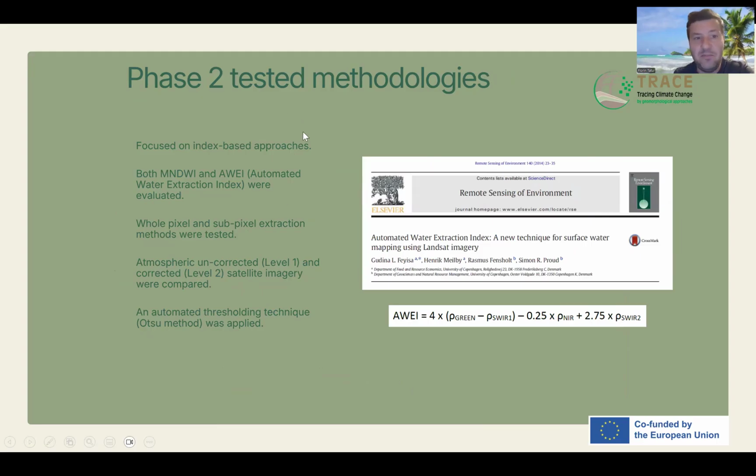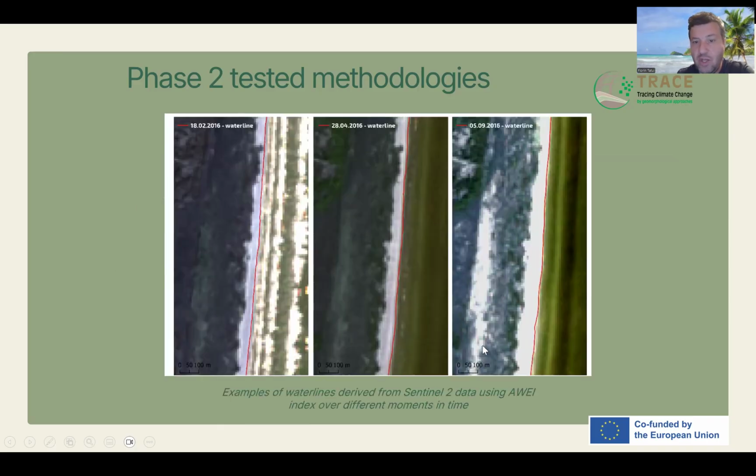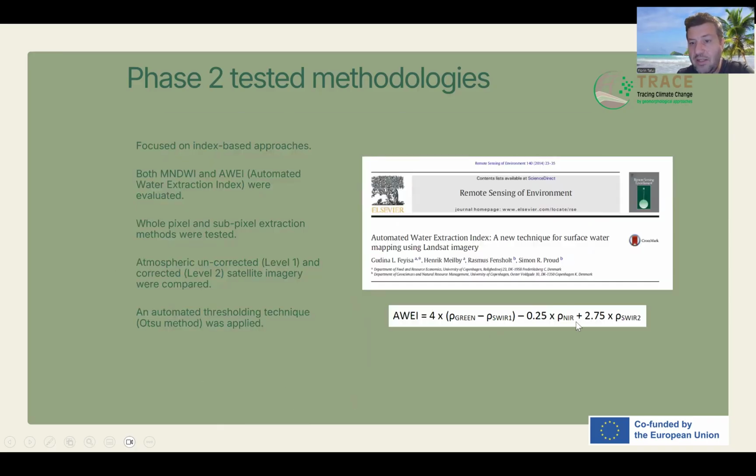The second phase was focused on index-based approaches, and we used the modified normalized difference water index and another index, the automated water extraction index, from this paper of ESA and collaborators, which combines the green, short wave infrared and near infrared spectral bands according to this formula.